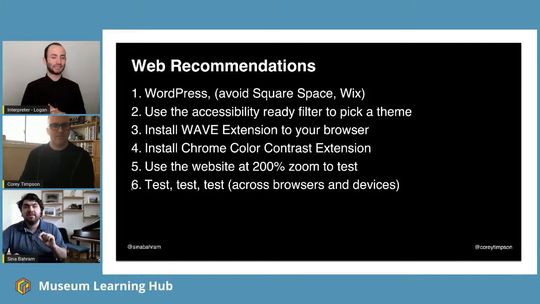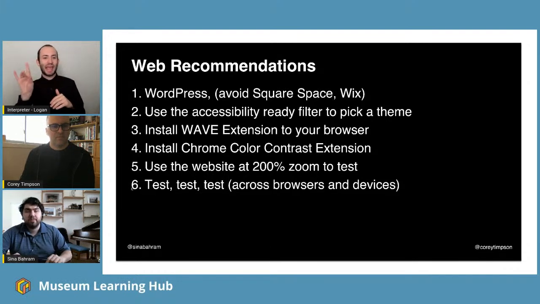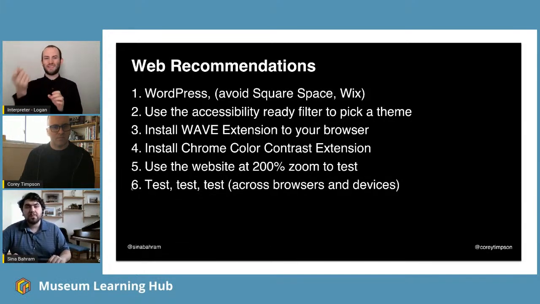This is a really easy thing you can do. Check the box, look for an accessible theme, and you're at least 80–90% of the way there on having a more accessible WordPress website. There's a Wave extension, but in deference to time, we'll leave the reference on the screen here and happy to talk about it during the Q&A. Same for the color contrast checking tool.